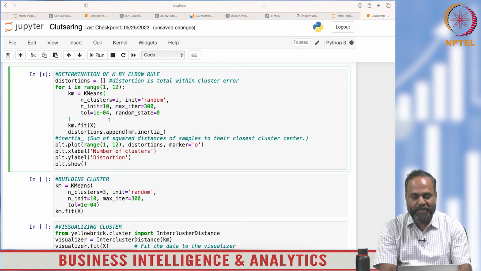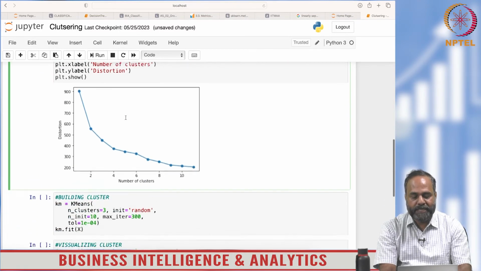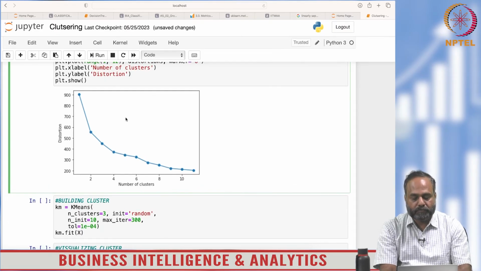My machine is taking a little while because I think I am running too many things in the background. You can see the plot of distortion, which is error, on the y-axis versus number of clusters, and you can see that the error is decreasing or almost becoming steady without much change after the number of clusters reaches a particular number.